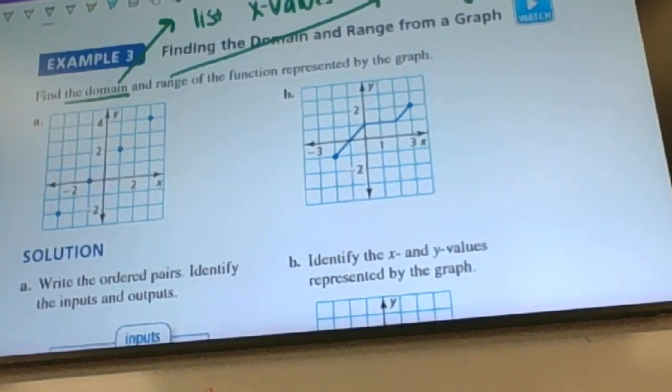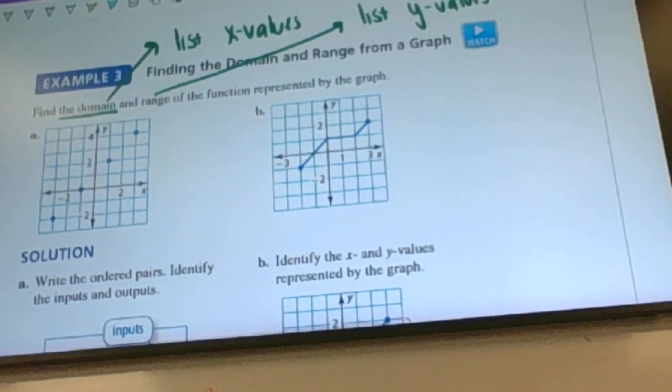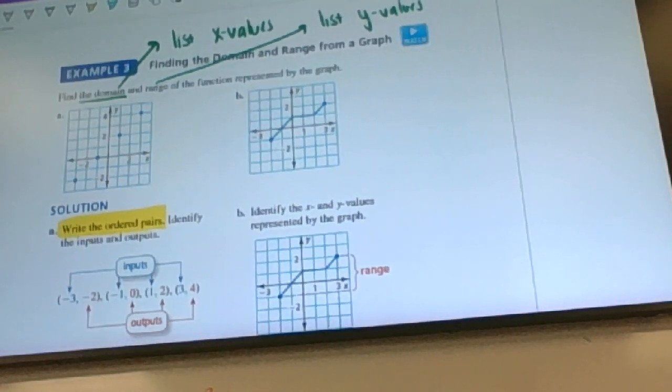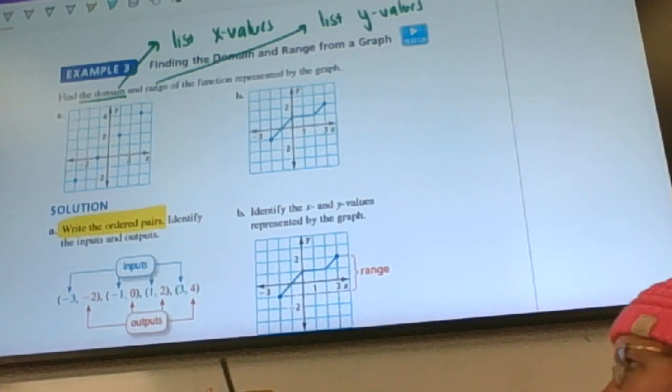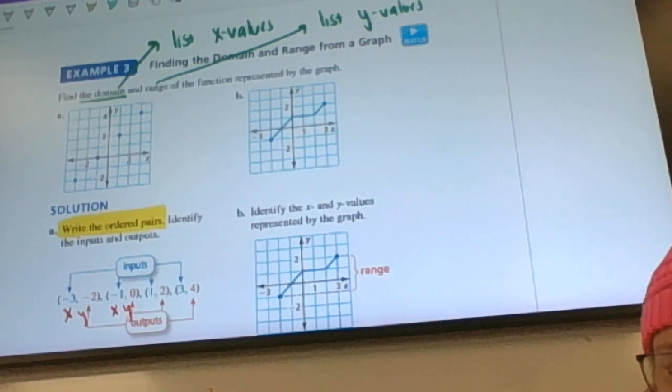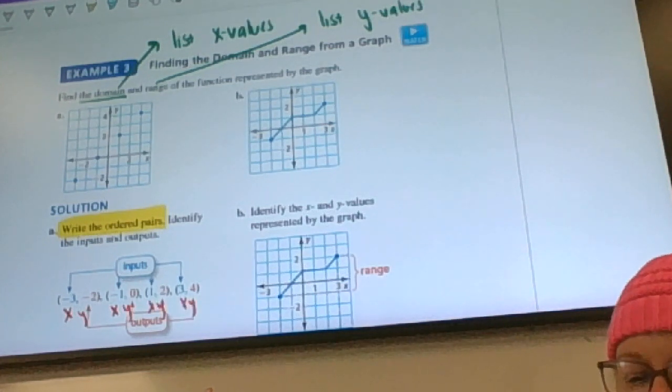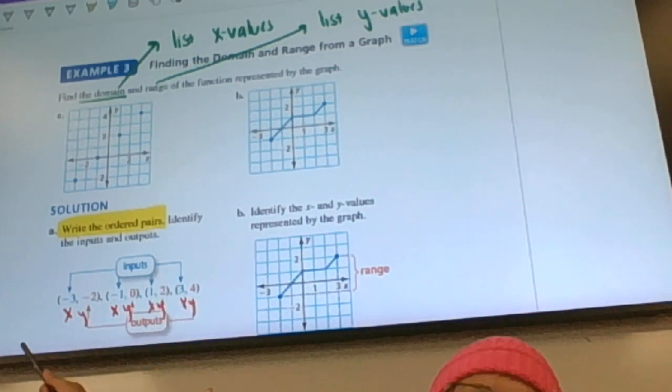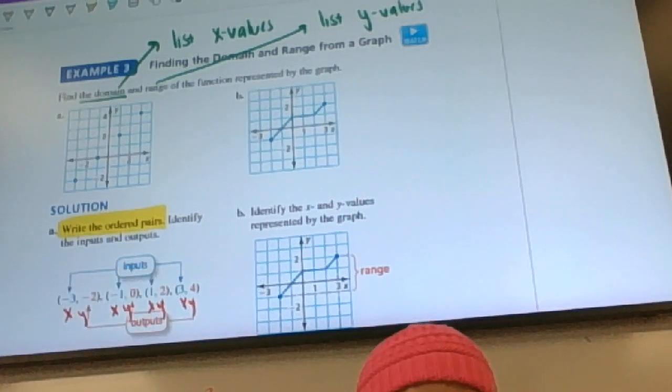So you have to write the ordered pairs. It even says that. It says write the ordered pairs out. We already practiced this. You write out the X comma Y, X comma Y. And then you list all the X's as inputs and all the Y's as outputs.